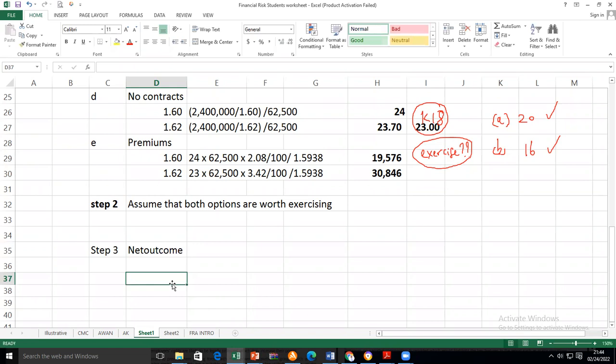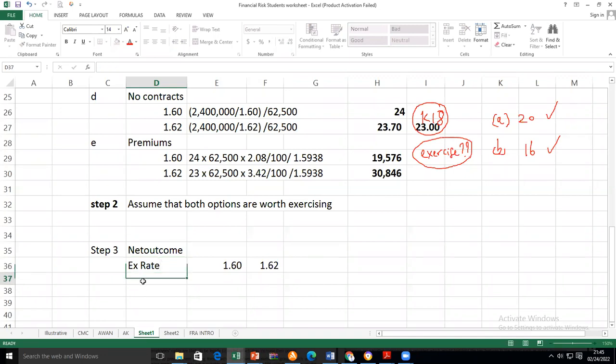Net outcome. So let us show our net outcome. 1.60 and I think 1.62. Okay. So this is our exercise rate.